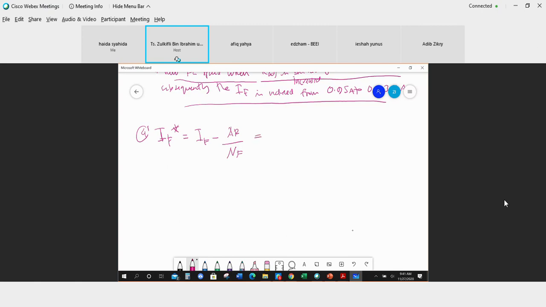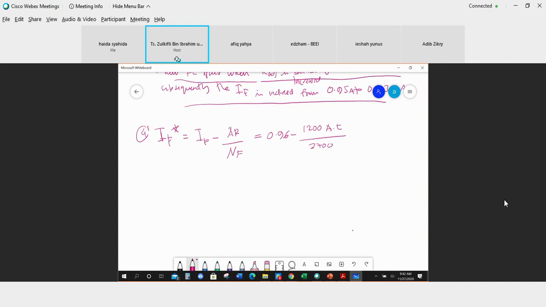So this one dia kata berkait dengan question number 3. So at this one you need to find 0.96. So minus, dia kata di armature reaction dia 1200 ampere per turn bahagi dengan 2700.